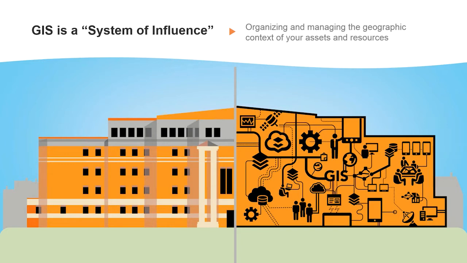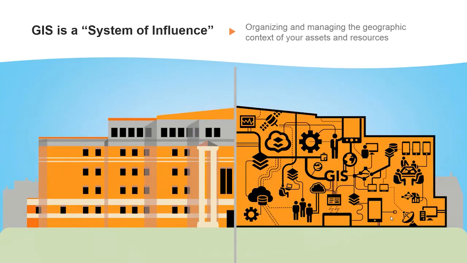How are you managing that information so that the various components of your organization can better manage their assets, their resources, their reporting, and all the other requirements that they have across the breadth of an emergency management organization and the response community.